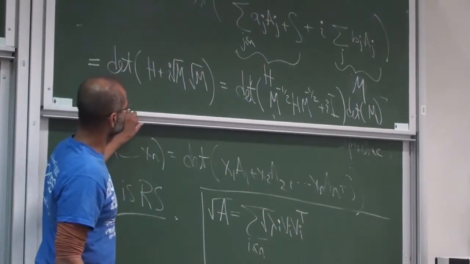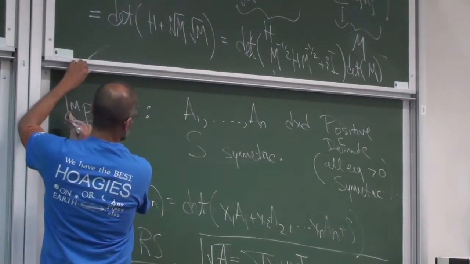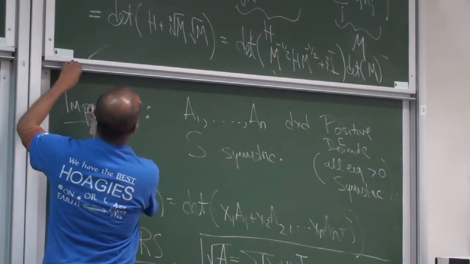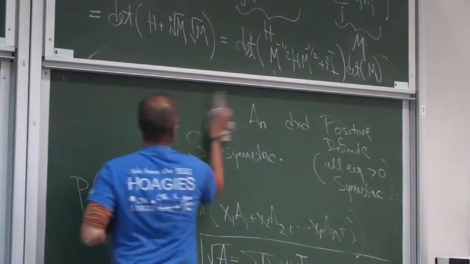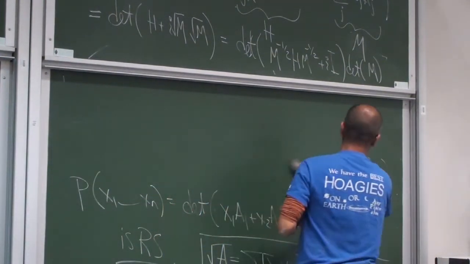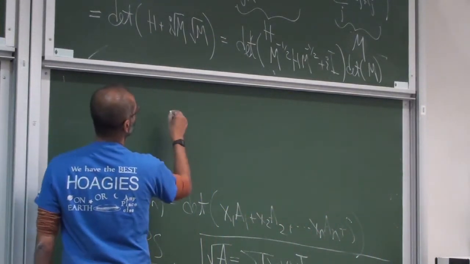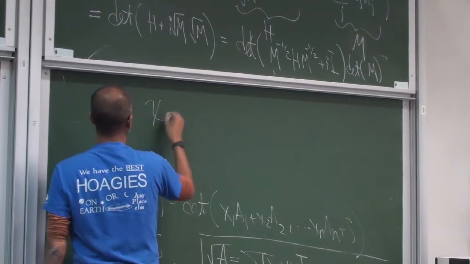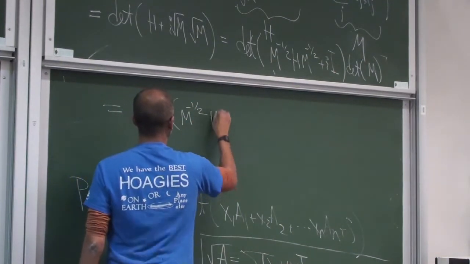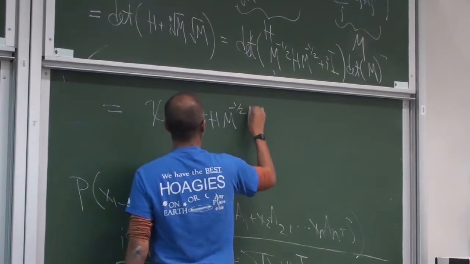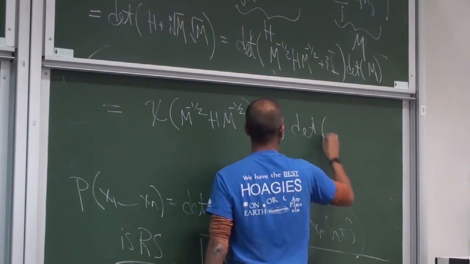Let's write that. So this is equal to the characteristic polynomial of the matrix M to the minus half H M to the minus half, evaluated at the point minus i, the whole thing times the determinant of M.